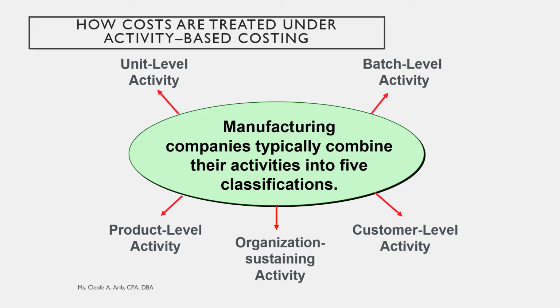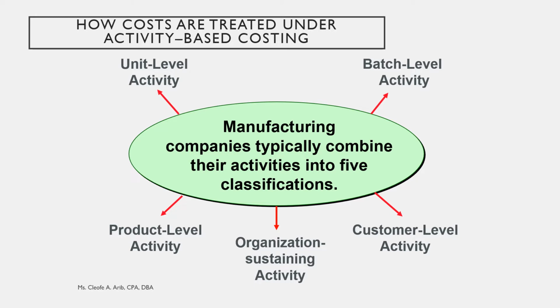The 5 levels of activity under ABC are as follows: unit level activity, batch level activity, product level activity, customer level activity, and organization sustaining activity. What is unit level activity? These are activities performed each time a unit is produced.